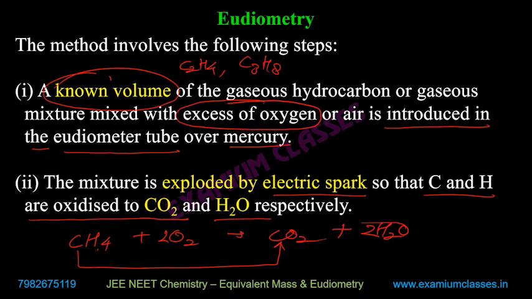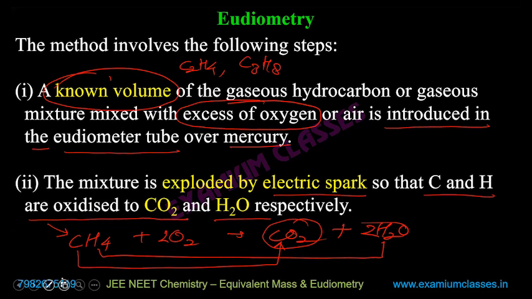Whatever hydrogen is there will give you H2O. It means if you can calculate how much carbon dioxide there is, you can calculate the carbon in it. The same carbon came from the hydrocarbon. If you can calculate how much water vapor is there, we will condense it, then you can calculate how much hydrogen is there, and the same amount was present in the hydrocarbon.